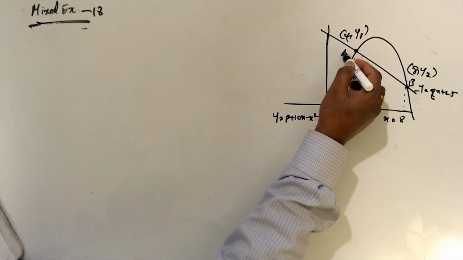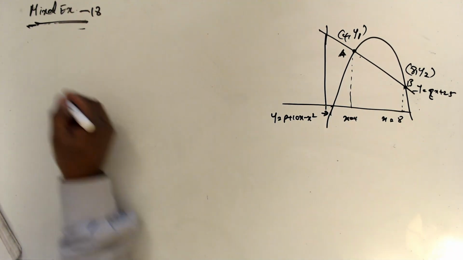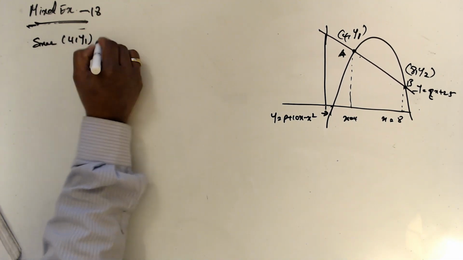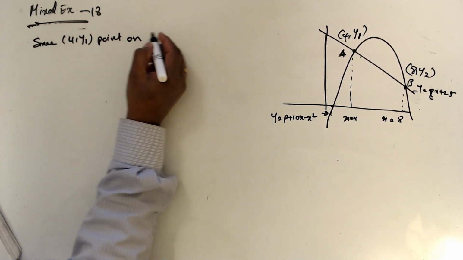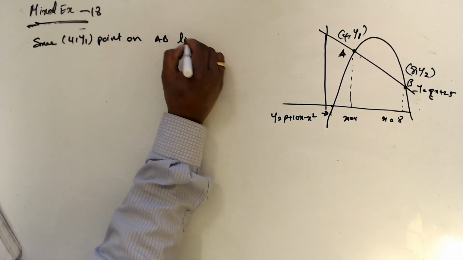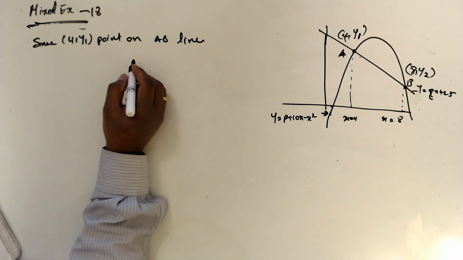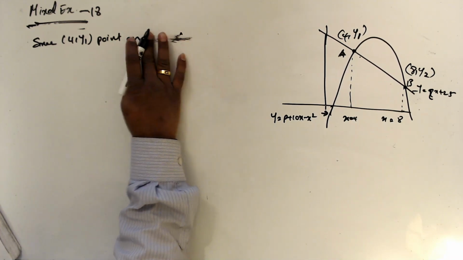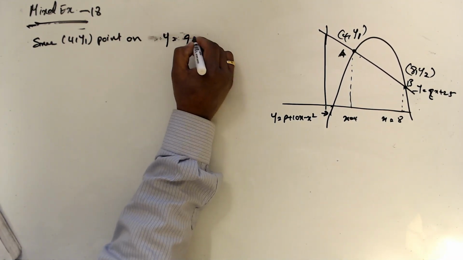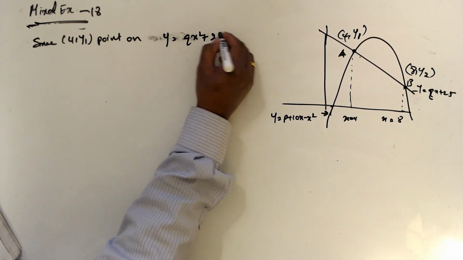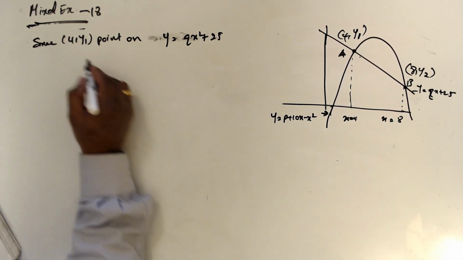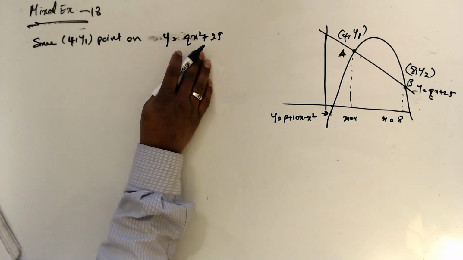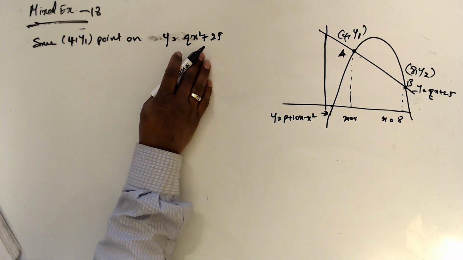Now we'll consider a point. I will give the argument: since 4, y1 point is on the AB line, or we will say that y equal qx square plus 25, then this point should satisfy these equations.